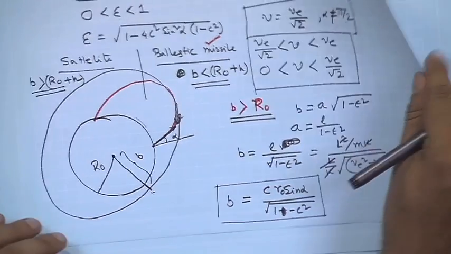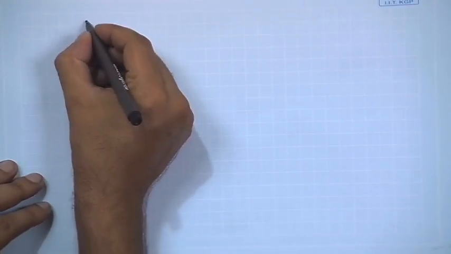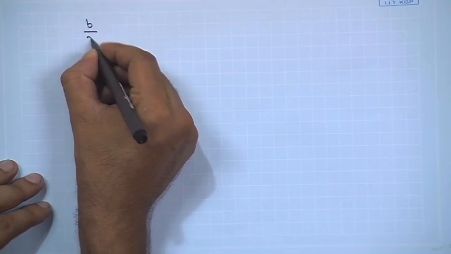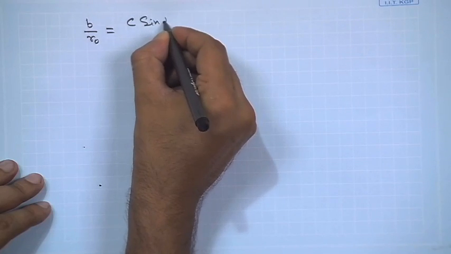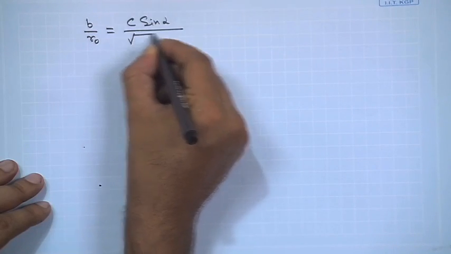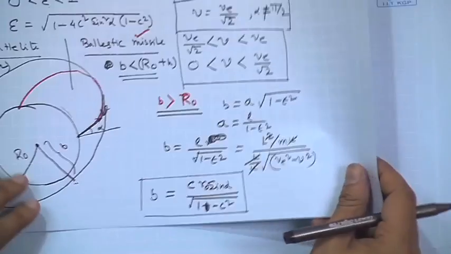Now, if B is this, then B by r 0 is equal to C sin alpha into root over 1 minus c square. So, here I did not show the calculation.